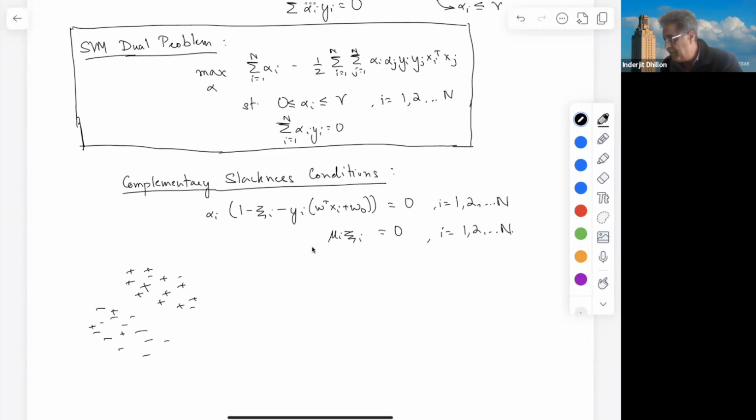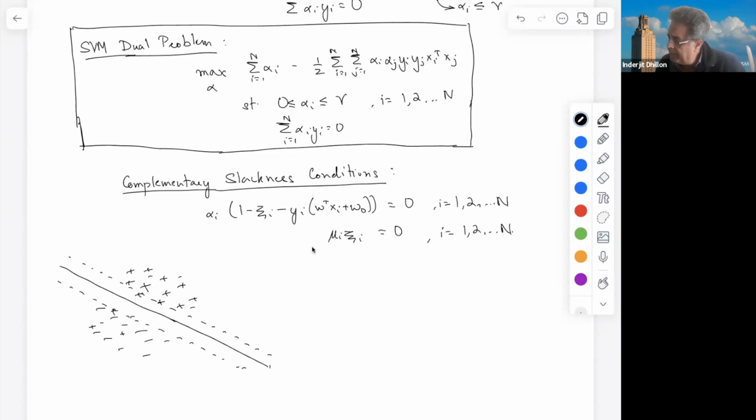So I still have a separating hyperplane, and there are still some points on the margin or on the boundary. Just as before, let me color them with different colors. The ones that are correctly classified, there the alpha i's are equal to 0.